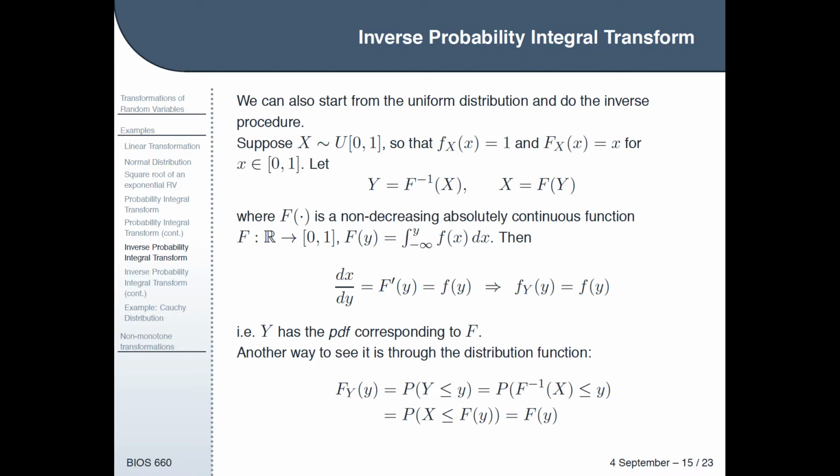So in other words, if you generate a bunch of variables that have a uniform distribution and then plug them into the inverse CDF of some distribution, what you will get out of that will have whatever that distribution is.